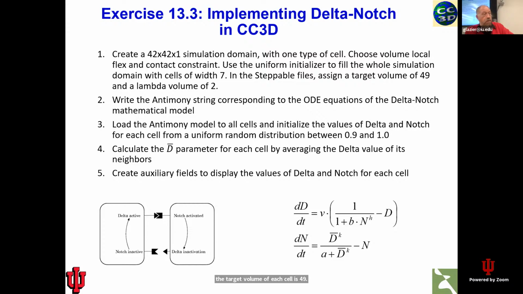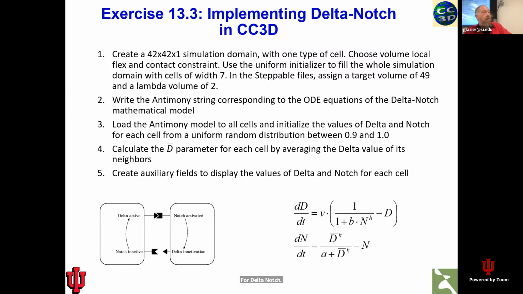So we've done that before. Okay. Then you're going to create an antimony string. You could start with the simulation that you just had and change it in simple ways to do this. Write an antimony string that corresponds to the 2 ODEs that I've written here for delta and notch.